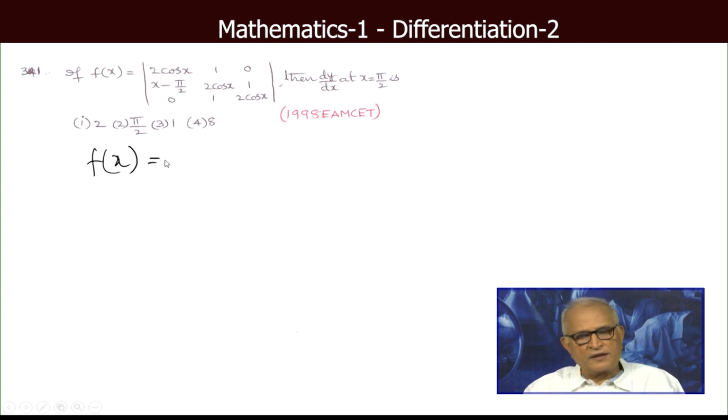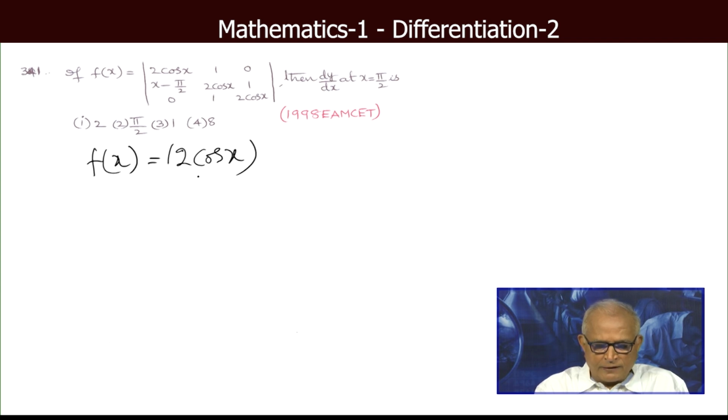f(x) equal to. Let us expand in terms of the first column. No matter whether you choose the first row or first column, you can choose any row or any column for cofactor expansion. So, I prefer to choose the first column: 2 cos x into its cofactor, the 2 by 2 determinant, 2 cos x times 2 cos x minus 1, that is 4 cos square x minus 1.